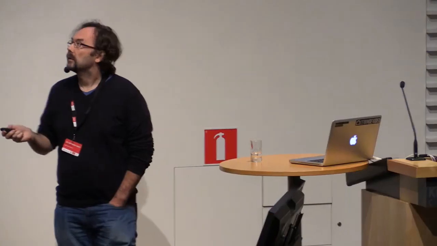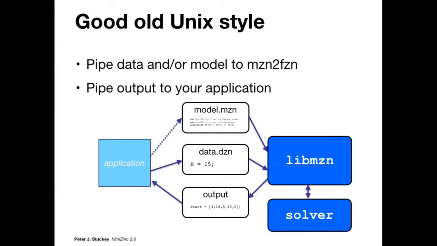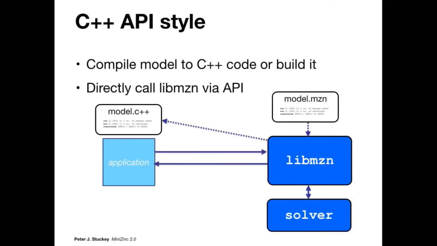And so we can do the good old Unix style. This is what you could do in the previous case, where we could take our application and spit out the model, maybe as text, a string basically, pipe that in with data, and the output pipes back. But now if you want to build applications, a more natural way is to maybe have a separate model here.